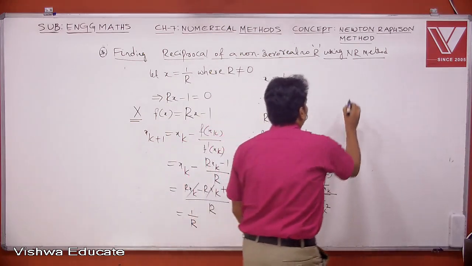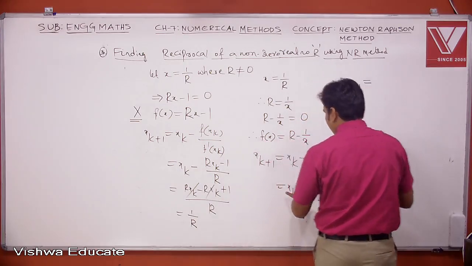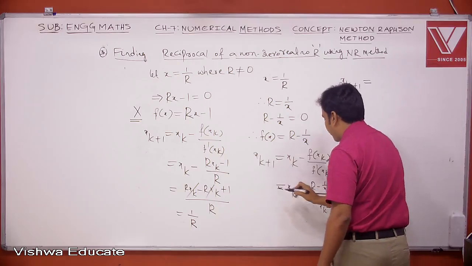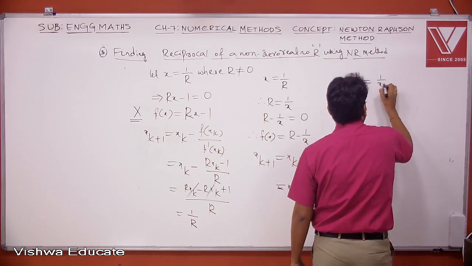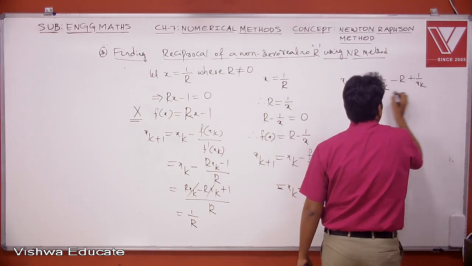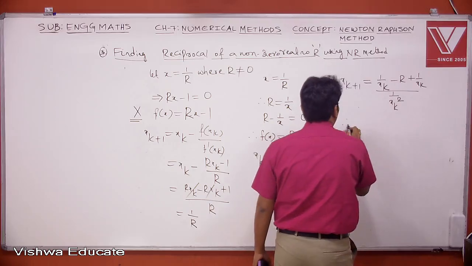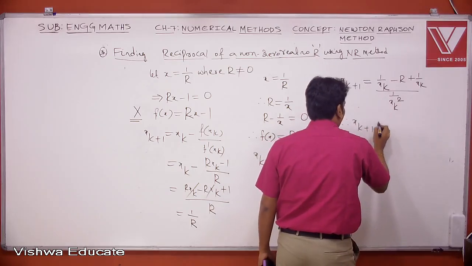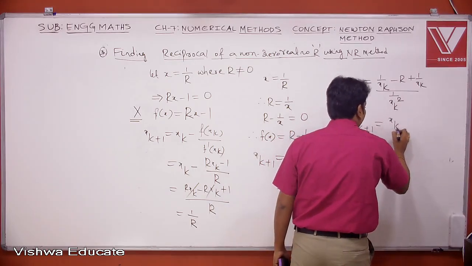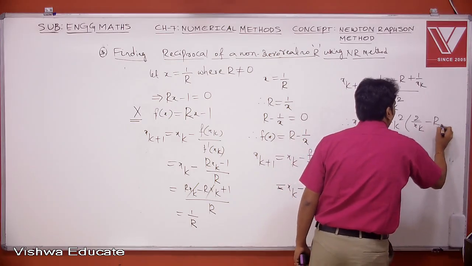Now, simplify this expression. So, here xk plus 1 is xk minus r minus 1 by xk divided by 1 by xk square. So, therefore, xk plus 1 equal to xk square into 2 by xk minus r.